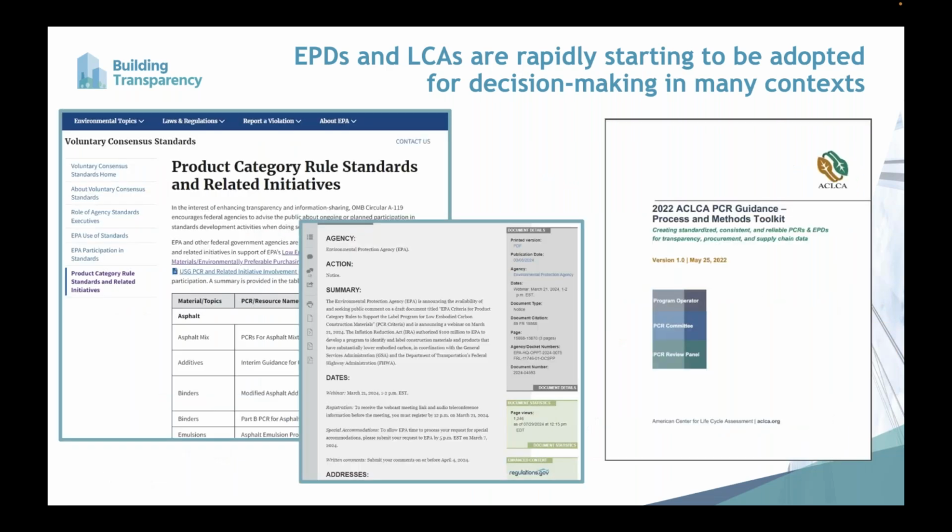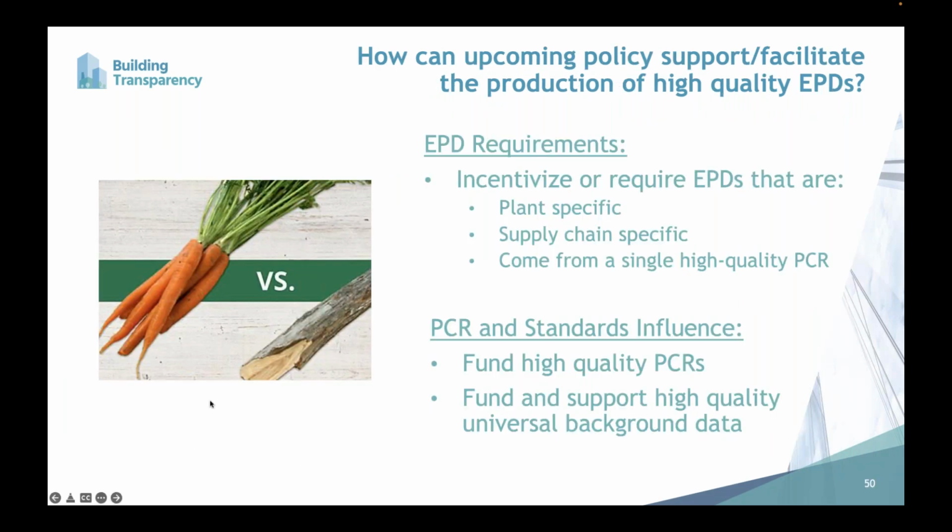We are seeing those different guidelines that Terry mentioned, whether it's the EPA putting out their product category rule guidelines on top of the PCR guidance from the LCA, or the fact that the EPA is actually now sitting on PCR committees, which is very important to have the role of policymakers filled on those committees making the rules. And so how can upcoming policy support and facilitate the production of high quality EPDs?